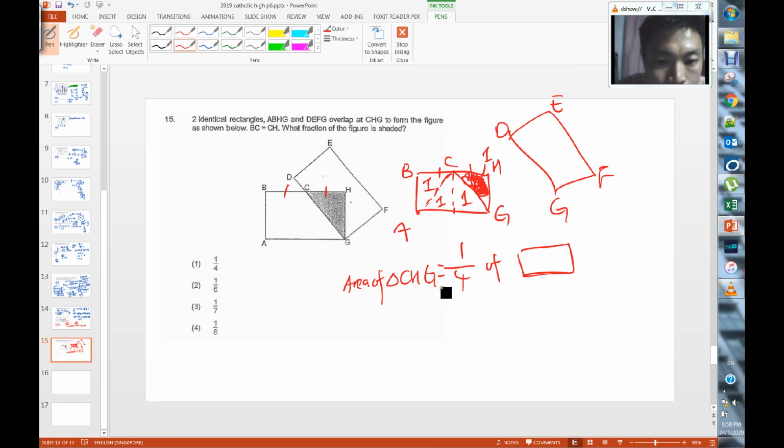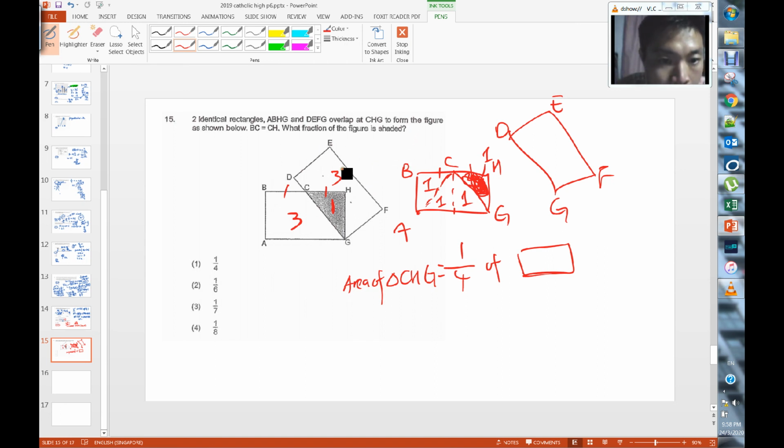Now, if this is 1/4 of the rectangle, the empty part here is 3 units of the rectangle. Similarly, this empty part is 3 units of the rectangle. It asks what fraction of the figure is shaded.